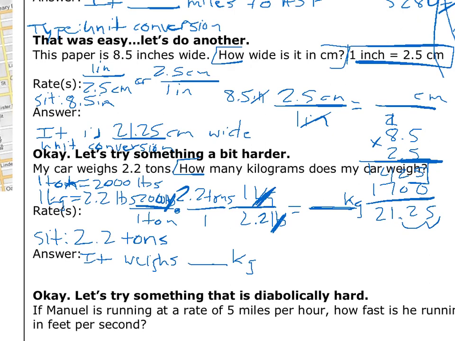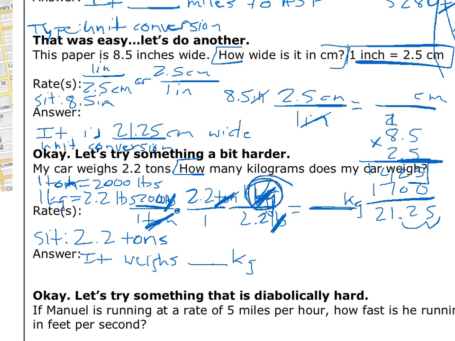Kilograms over here now cancels out with, oh wait, I don't want kilograms to cancel out. That's what I want my answer to be. So kilograms is still here, because it didn't cancel out with anything. But my tons now cancel out with the tons over here. So the only units I have left were these kilograms.